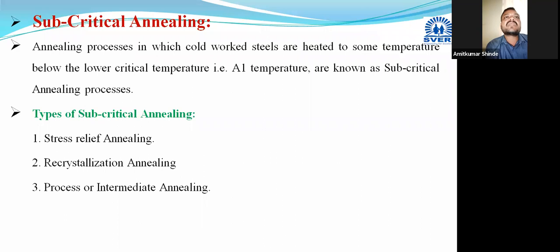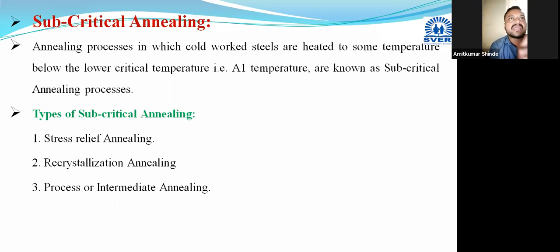Now these subcritical annealing processes are classified into three different types. The first type is stress relief annealing. The second type is recrystallization annealing, and the third type is process or intermediate annealing. Now one by one we are going to discuss all these.